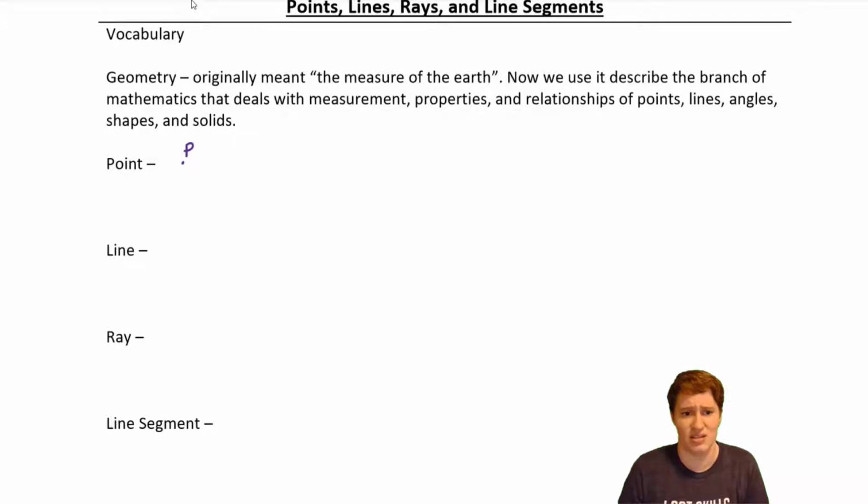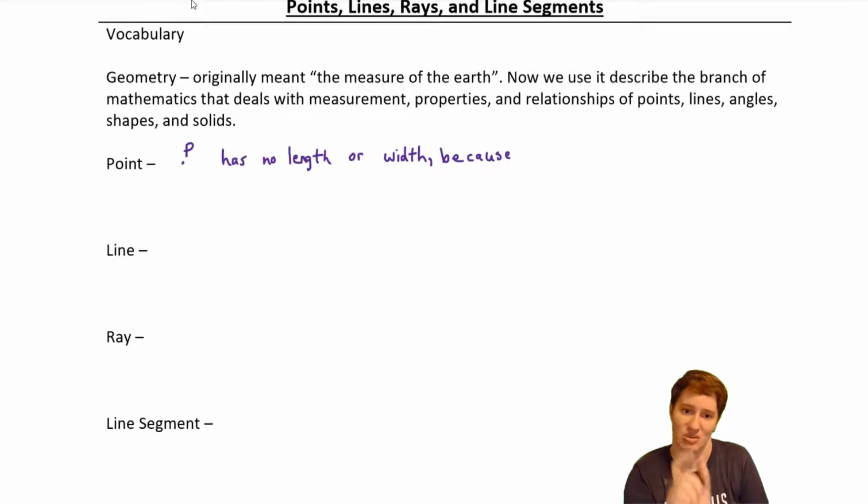Some things to know about a point is that a point is something that has no length or width. It's almost like it's just talking about a location and not actually a space.